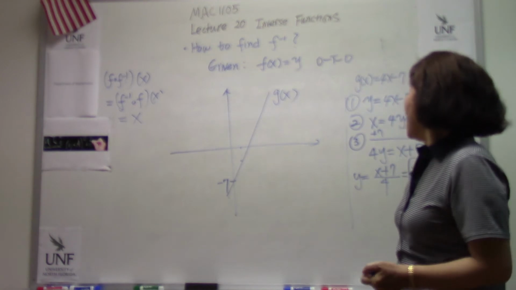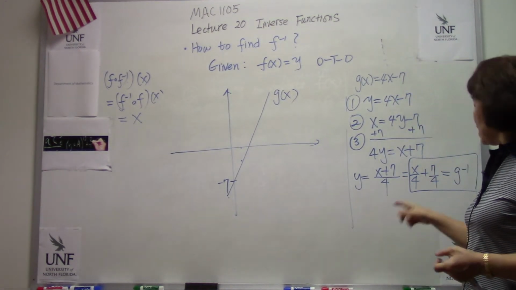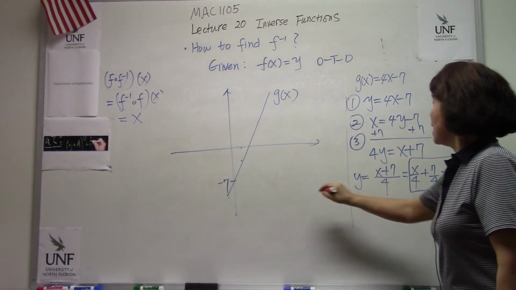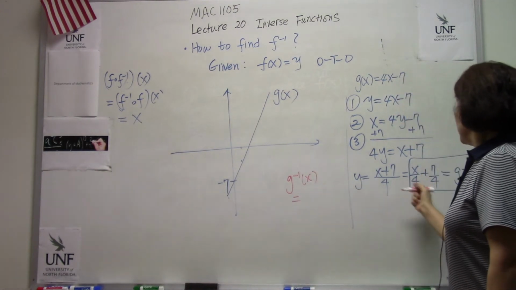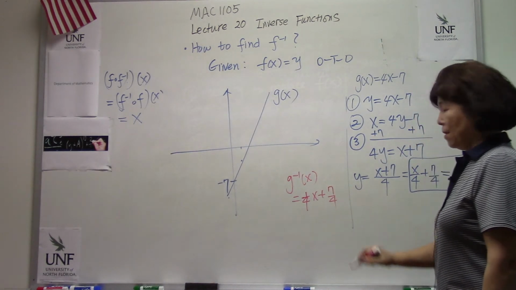What about g inverse? I'm going to separate this so that it's 1/4 x plus 7 over 4.